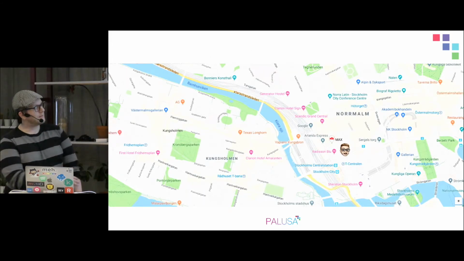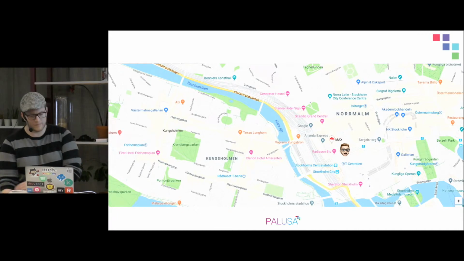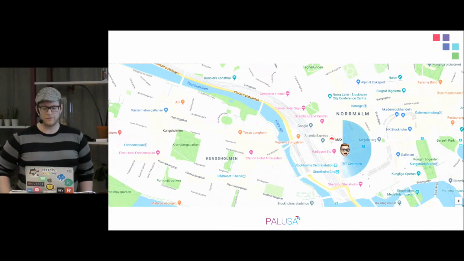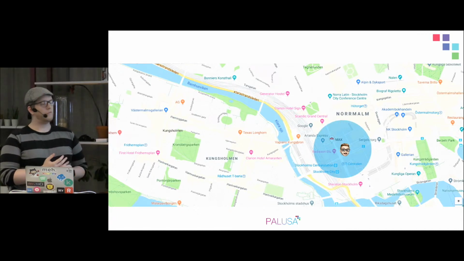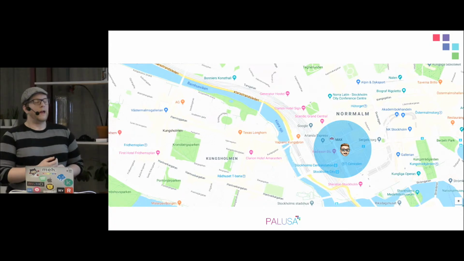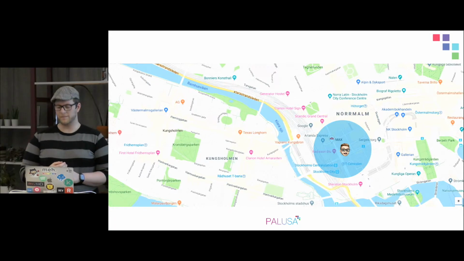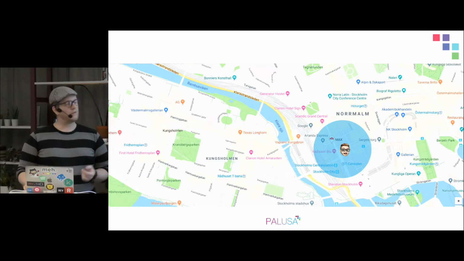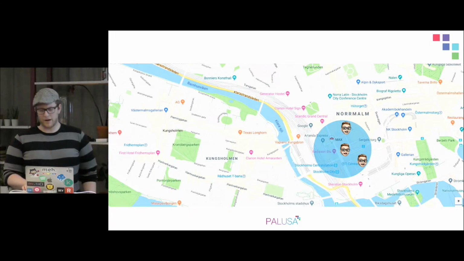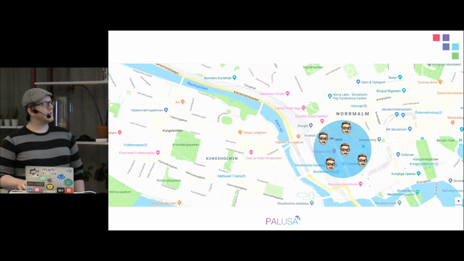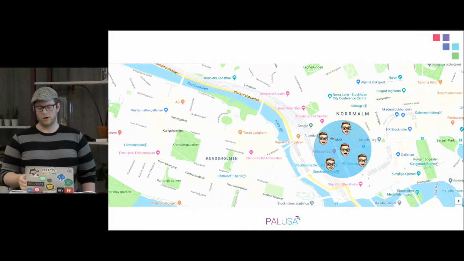So this is where I'm working at Knowit, and this gives me a radius of 500 meters. And during a day, that's quite much. Because whenever I go for lunch or running errands, so if I pop up here, here, or here, it doesn't update my location at all.